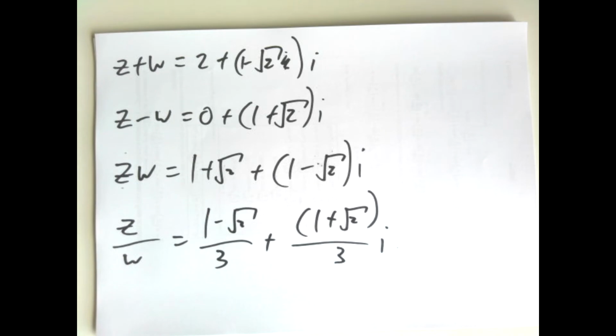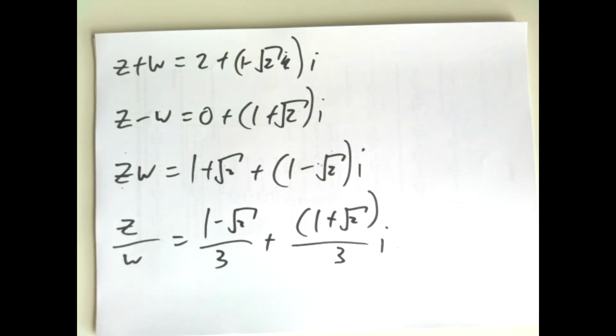Much like when we did mathematics with real numbers, we normally plotted our numbers on the number line. Now, because complex numbers have two parts, the real part and the imaginary part, we would like a way to visualize these complex numbers. So instead of a number line, we're going to plot them out on something called the Argand diagram, which is a two-dimensional plane.